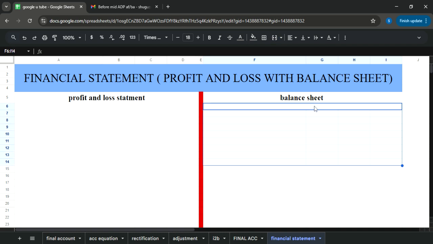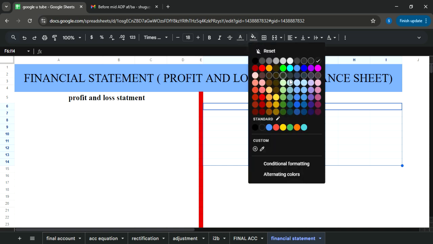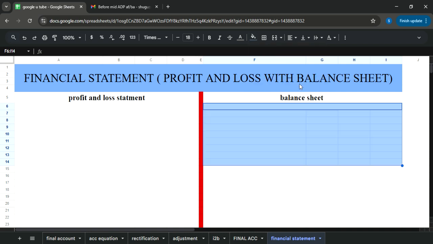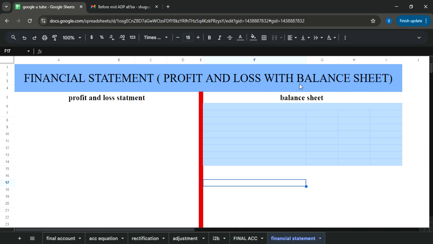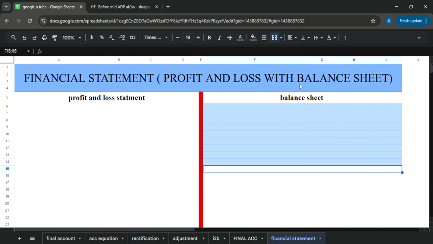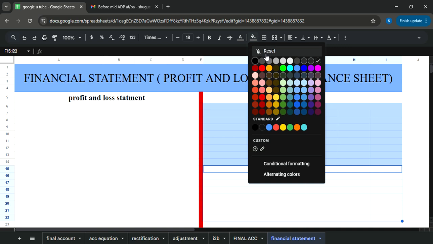Just to make it easy for you to understand, I am dividing it in different colors. You can understand well. So this is the balance sheet upper part, and here the lower part of the balance sheet, we can use a little bit different color.